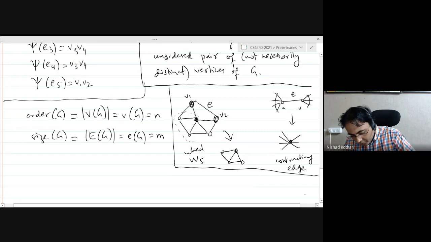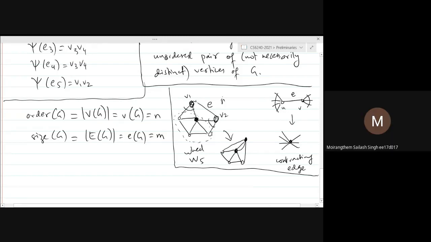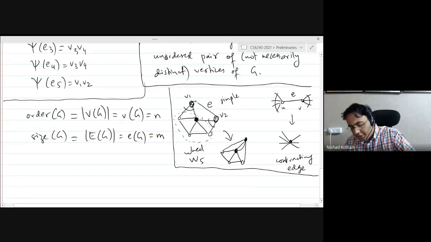These four vertices. Yes. And now I'm going to put this new vertex that is obtained by contracting this edge E, and I'm going to make it adjacent to these two and these two. So that means it is adjacent to this vertex twice, and now it looks like this. Okay, so you had a simple graph, but when you contracted the edge, you get two parallel edges.